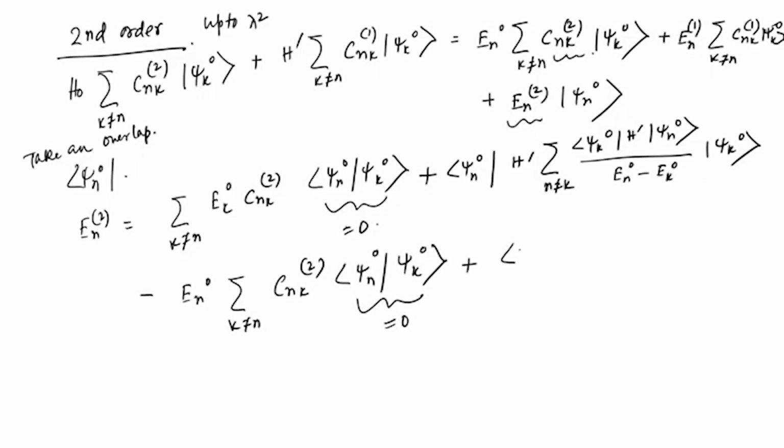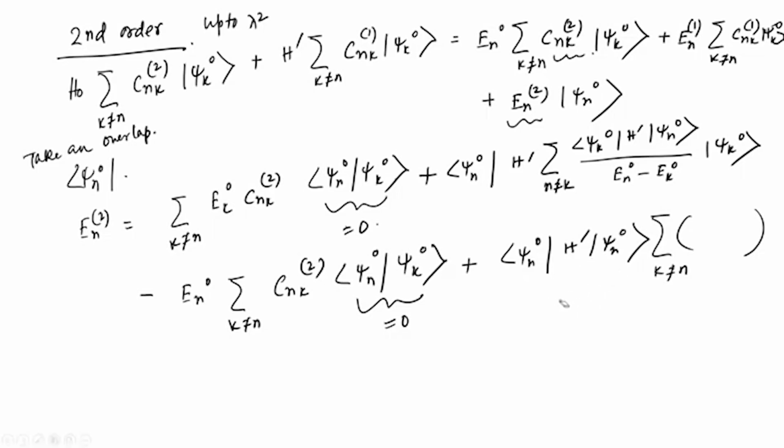We again have these ψ_n^0, H′ ψ_n^0 and so on, and then a term with k not equal to n, but this is equal to 0 again, because ψ_n is not an eigenstate of H′. So this will give you a term, I mean not this one.